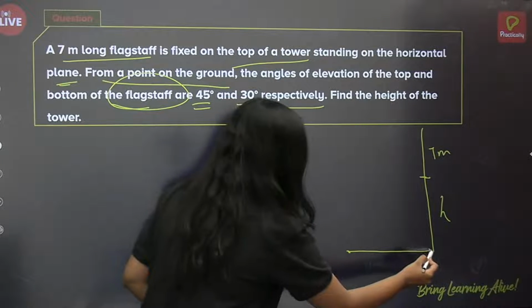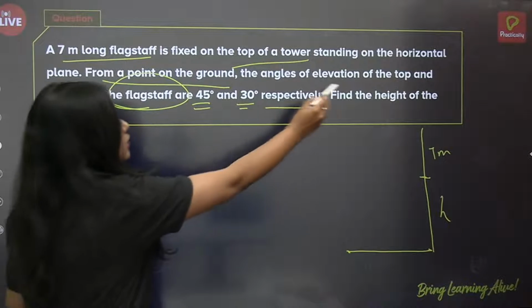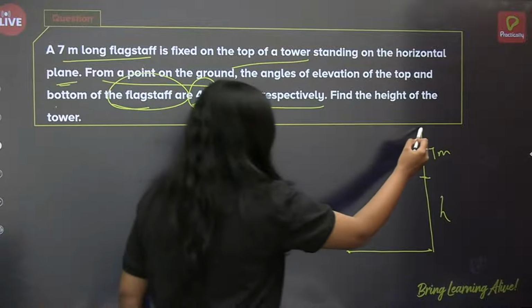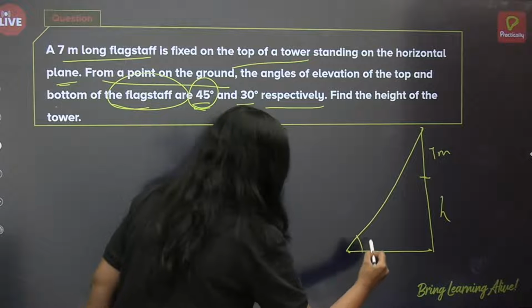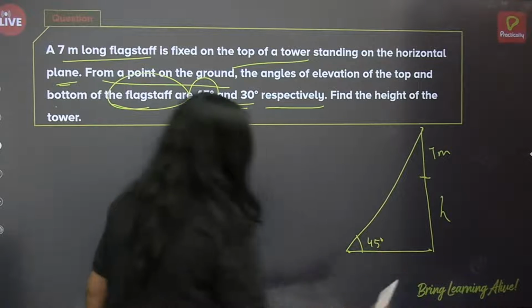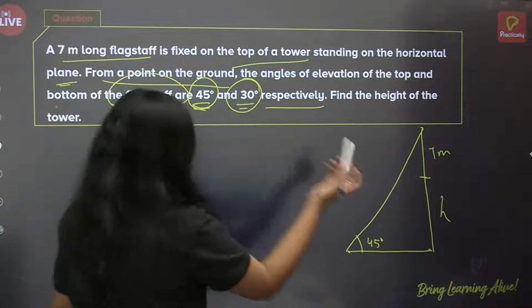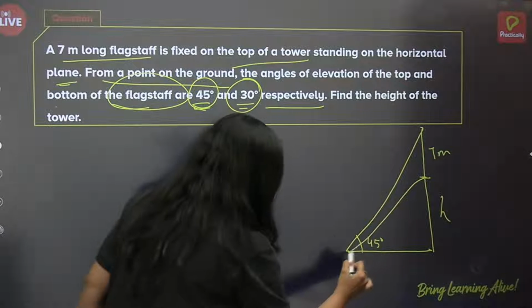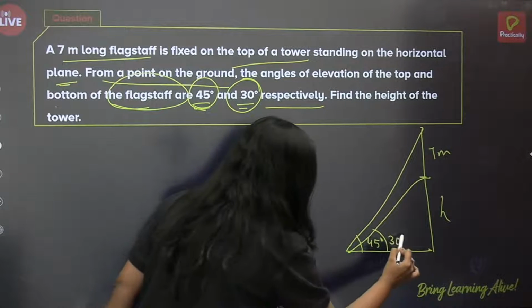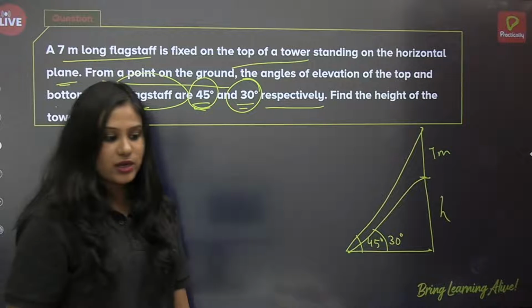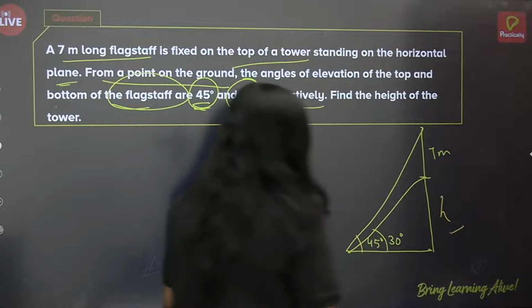The angles of elevation of top and bottom: top is 45 degrees, so this is 45 degrees. And bottom of the flagstaff is 30 degrees. Now what do we have to find? Find the height of the tower, so we have to find this value of H.